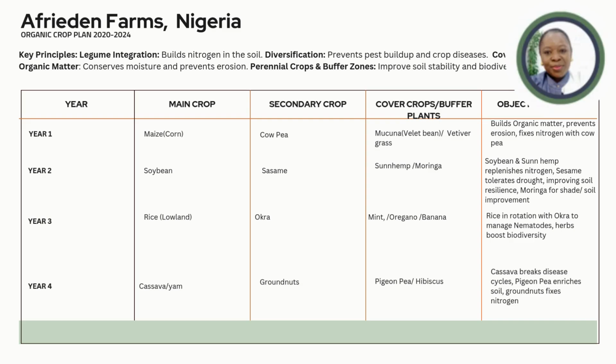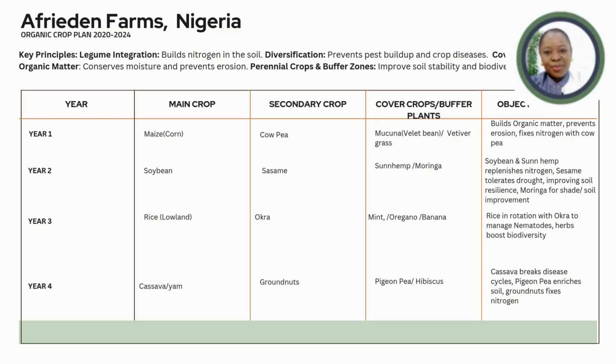And the objective of doing that is to have the soybean and sun hemp quickly replenish nitrogen, the sesame seed as a drought tolerant crop to improve soil resilience, and moringa for shade and soil improvement.